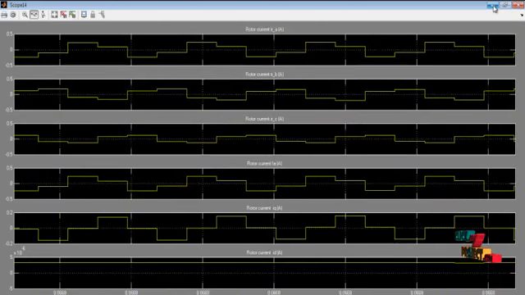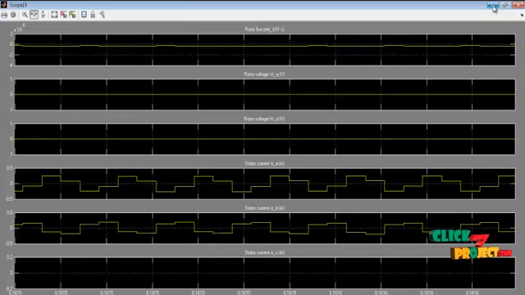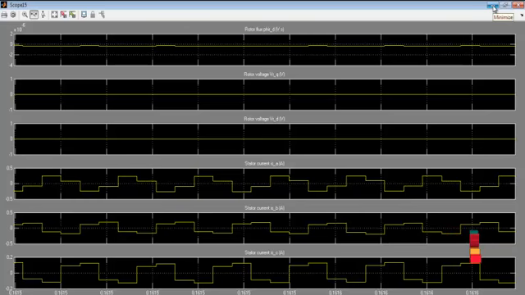And next one is the corresponding motor output used in that design: rotor currents IA, IB and IC, and also IQ and ID, the quadrature and direct axis currents. And next one is the rotor flux, rotor voltage, and also stator currents IA, IB and IC.